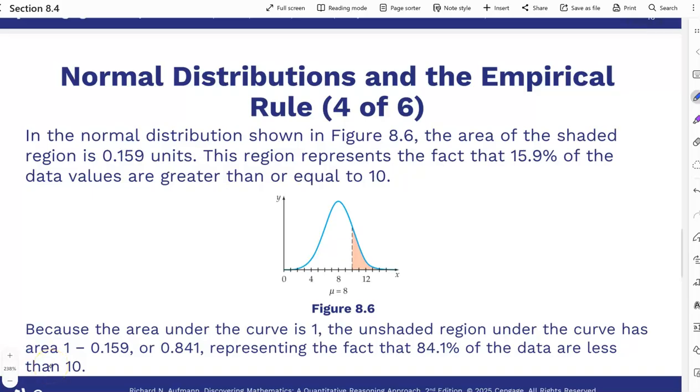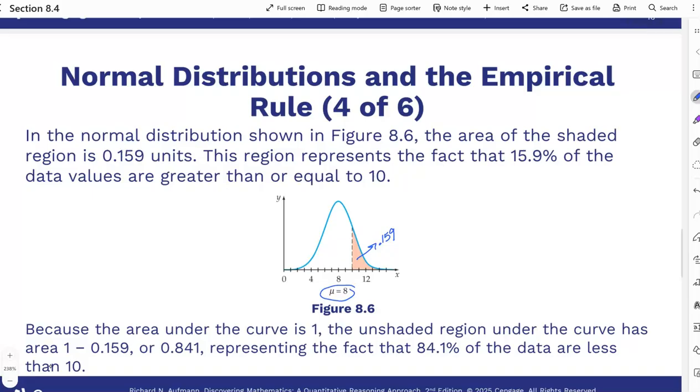So let's look at an example. Let's say we have this normal distribution here, and we know that the mean is 8, which means that this thing is going to be centered around x equals 8. They're telling us that this area here is going to be 15.9%. And as a decimal, that would be 0.159.